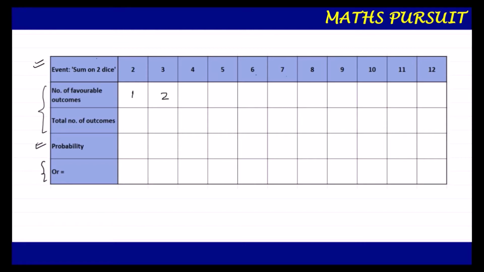Similarly, for sum 4 it is 3, for sum of 5 it is 4, for sum of 6 it is 5, for sum of 7 it is 6, for sum of 8 the number of favorable outcomes is 5, for sum of 9 it is 4, for sum of 10 it is 3, for sum of 11 it is 2, and for a sum of 12 the number of favorable outcomes is 1.